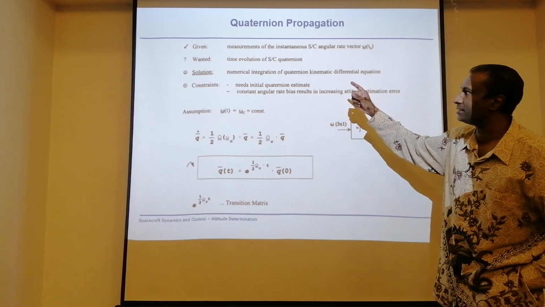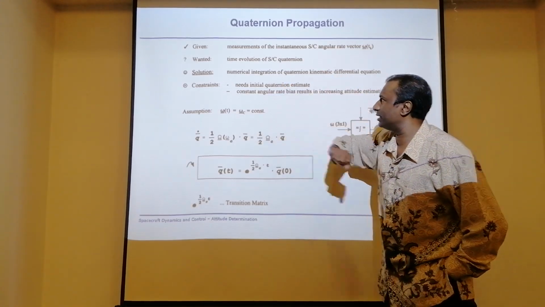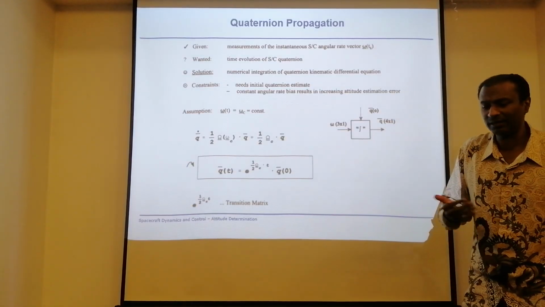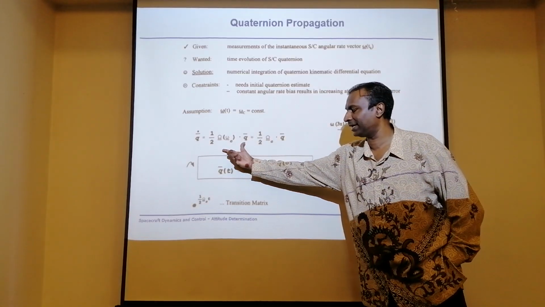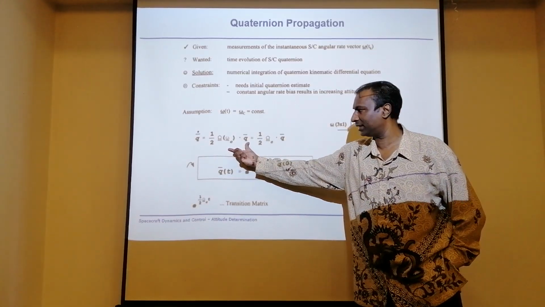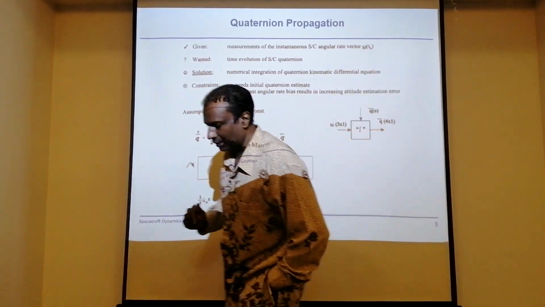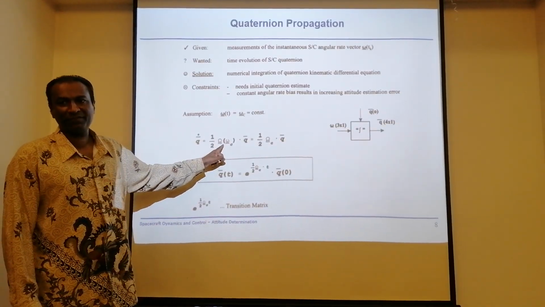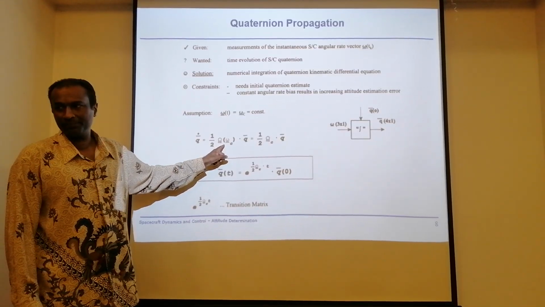What is needed is the time evolution of the spacecraft quaternion. That means the attitude is what you need. Please refer back to your note on kinematics, where I invoked this. Attention needs to be given to omega. Please refer back to that note. Be very careful of omega.